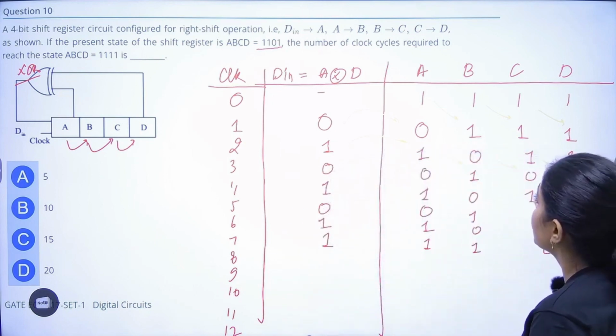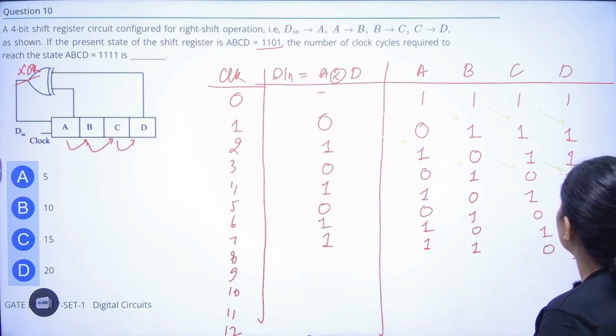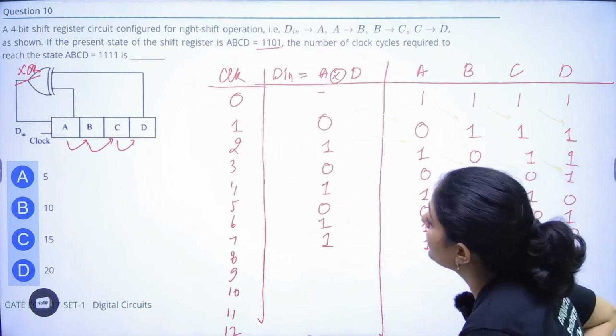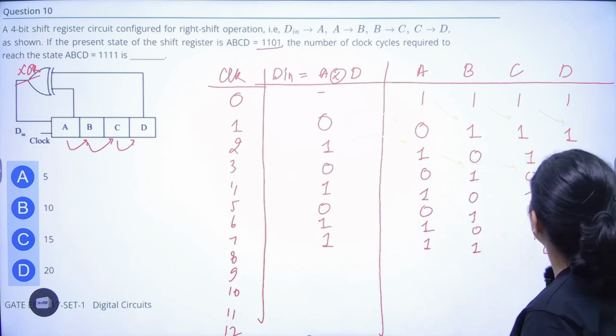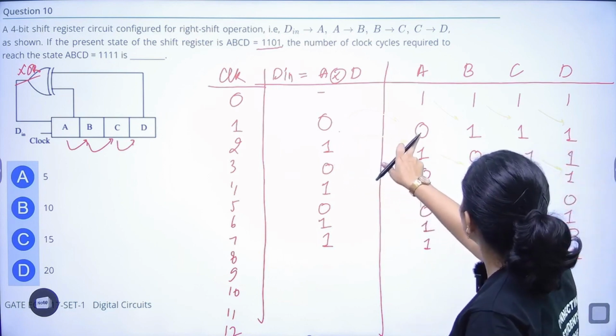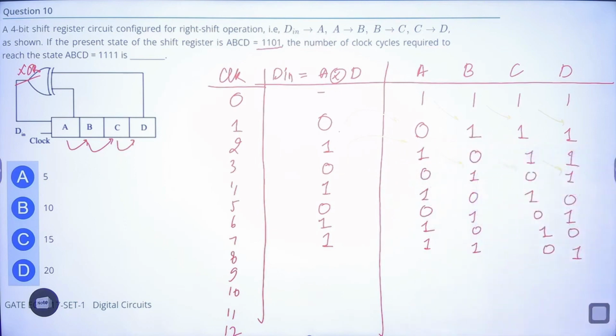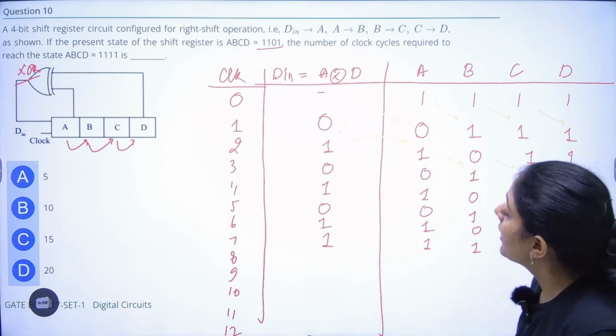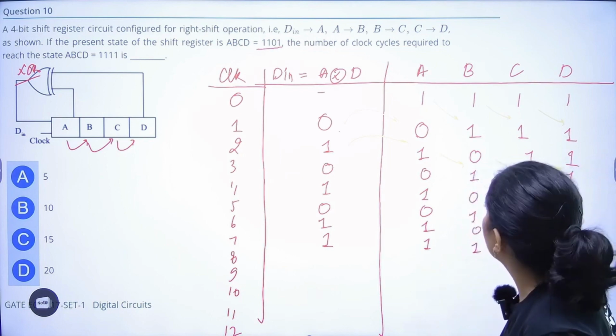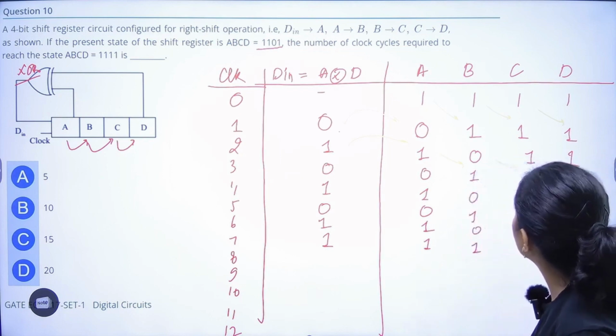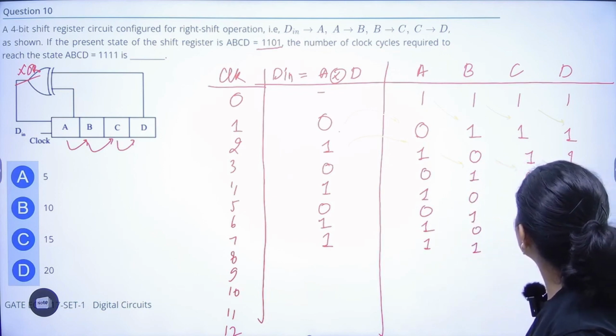Okay, so at clock 0, the values are 1, 1, 1, 1. The XOR: 1 XOR 1 is 0. 0 will be moved to A. So 0, 1, 1, 1.